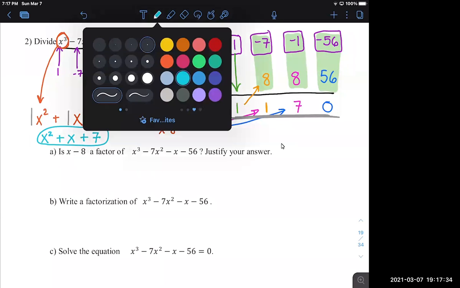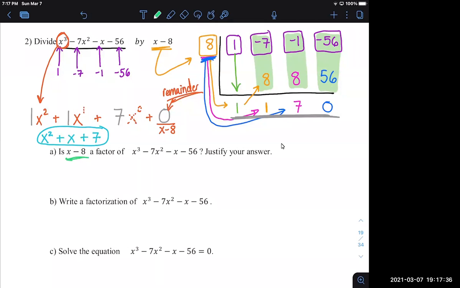The next question asks, is x minus 8 a factor of the polynomial? So when it asks you if it's a factor, you check the remainder. If the remainder is 0, it is a factor. If it's not 0, it's not a factor. So yes, it is a factor because the remainder is 0.